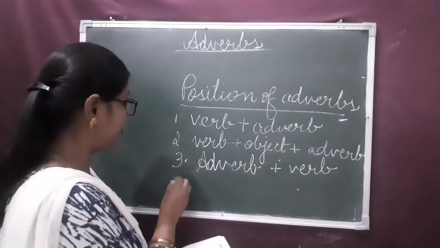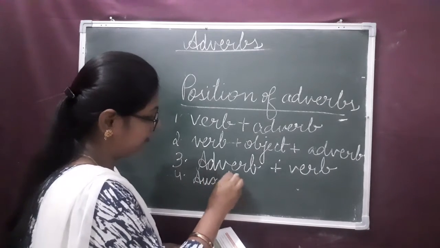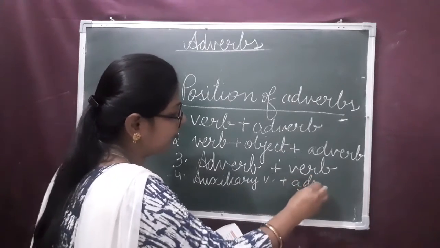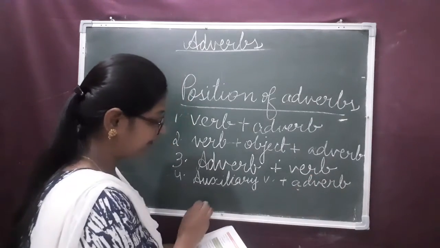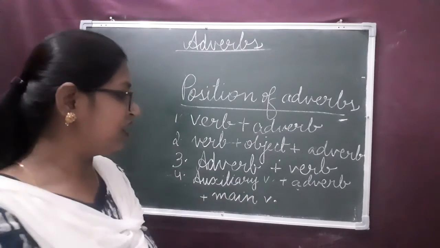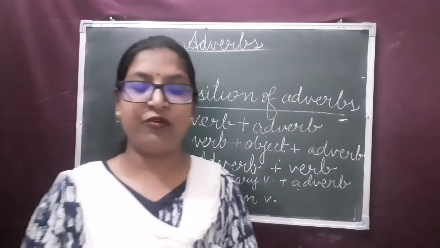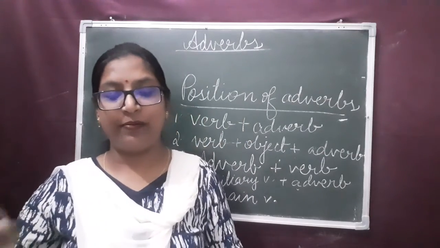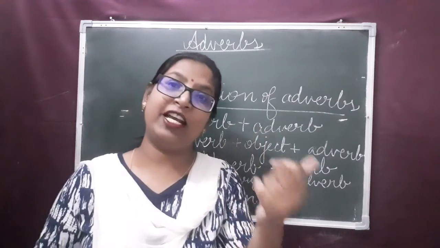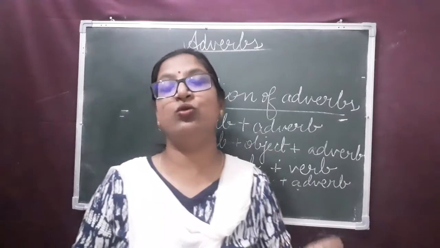Next, fourth structure is auxiliary verb plus adverb plus main verb. When the verb has the helping verb and the main verb both, the adverb is placed between the two.